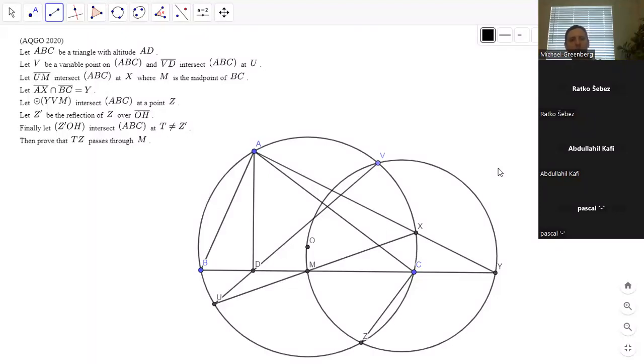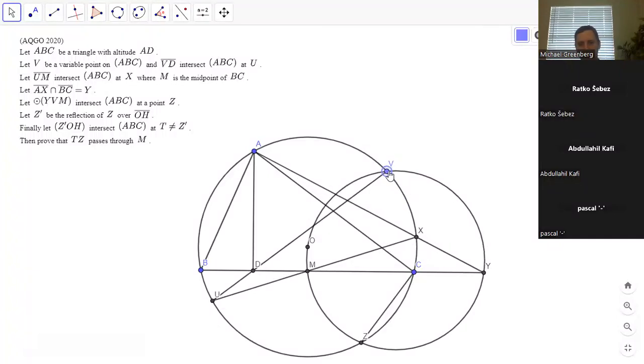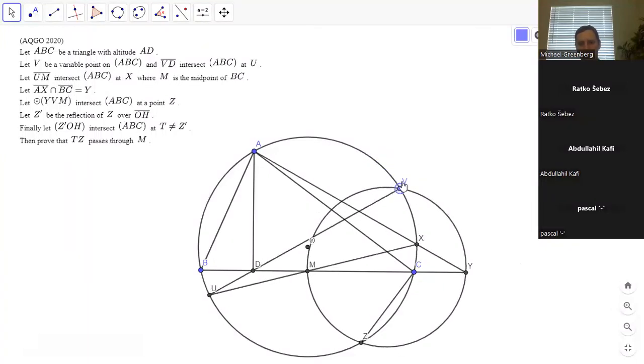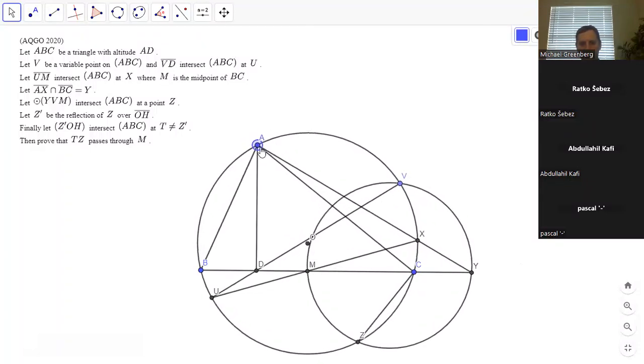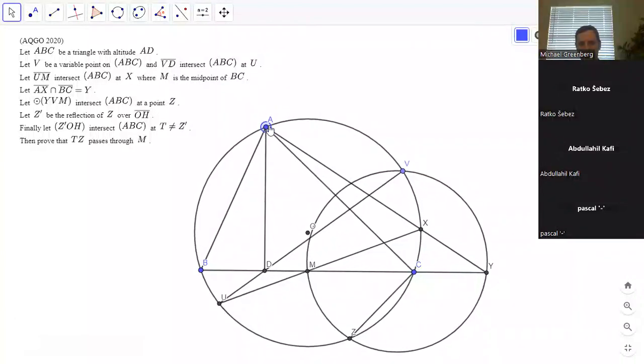That would mean ADB is similar to ACZ, so we would have a spiral similarity. Interesting. So yeah, O doesn't lie on the circle, so I'll try to make it so that it doesn't look like that. Maybe something like that.